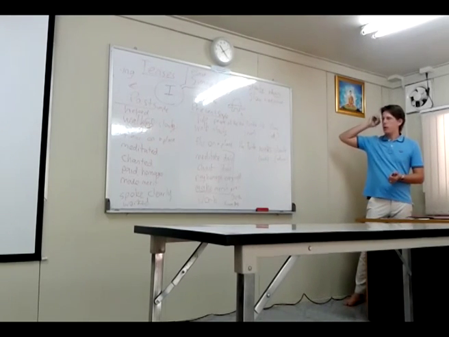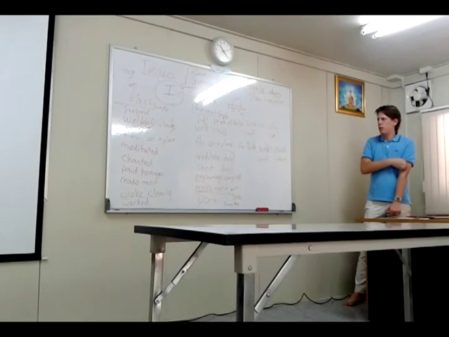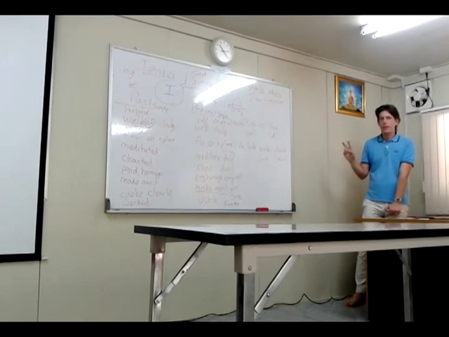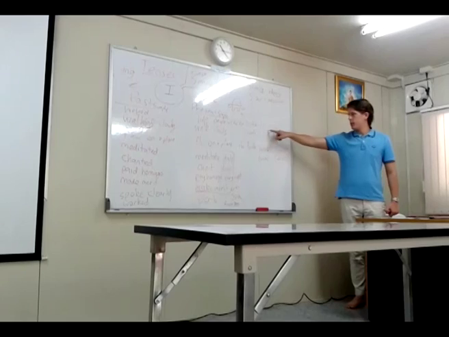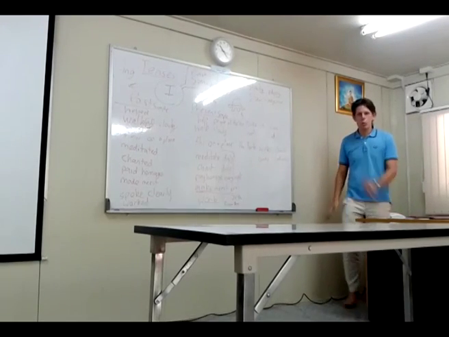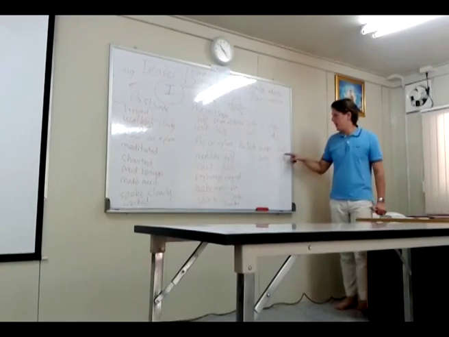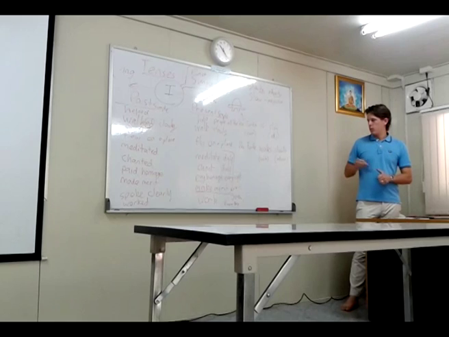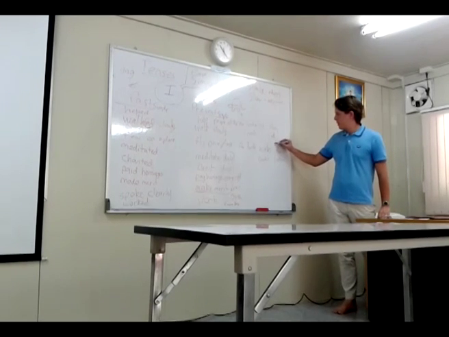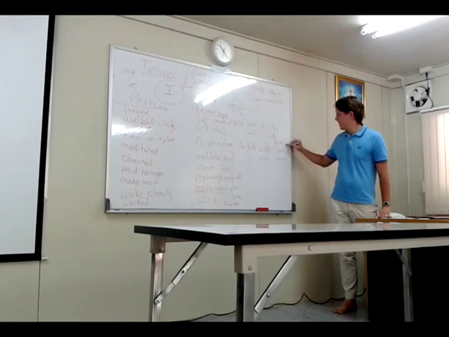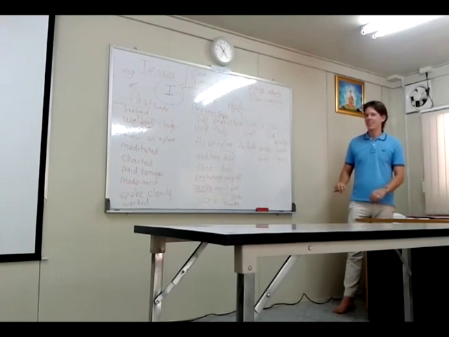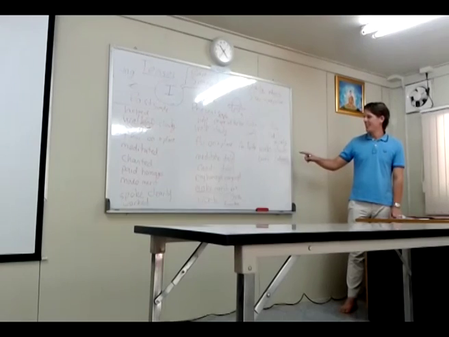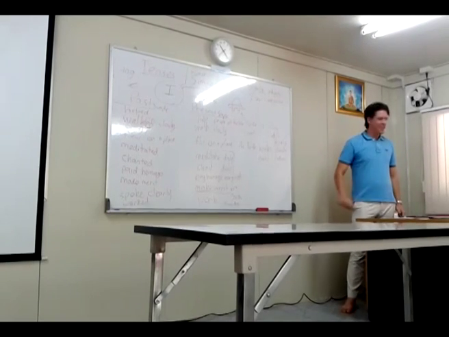So we can talk about the turtle in two different ways. We can say it is slow, or it walks slowly. Or maybe it walks quickly. That'd be pretty funny.